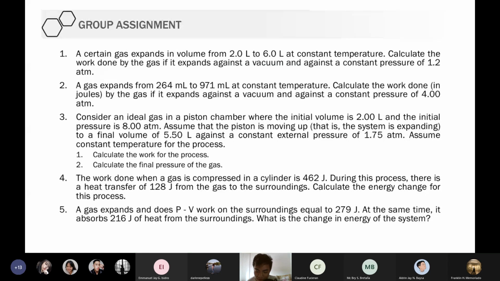So, these are your group assignments. Ito yung mga group assignment. I want you to solve for the reversible and irreversible. Ay, hindi. Puro irreversible pala to, sorry. So, itong mga to ay puro irreversible processes.